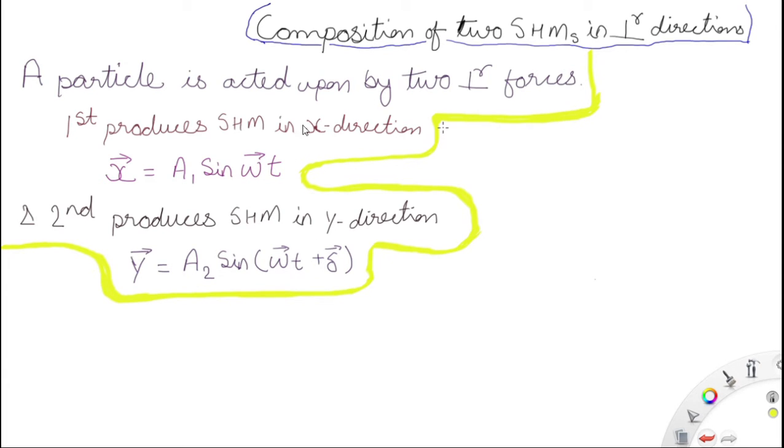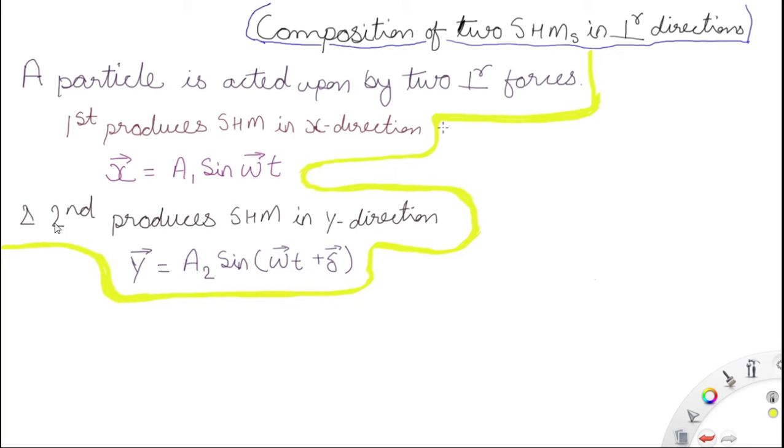Fx is producing simple harmonic motion in the x direction, which produces displacement x equal to a1 sin omega t. The direction of omega and x is the same. Displacement is from the center, so x bar is from the center, means the origin.